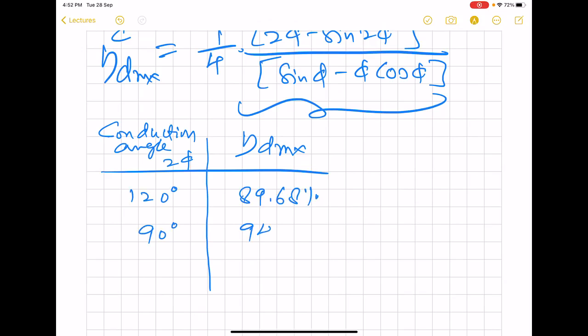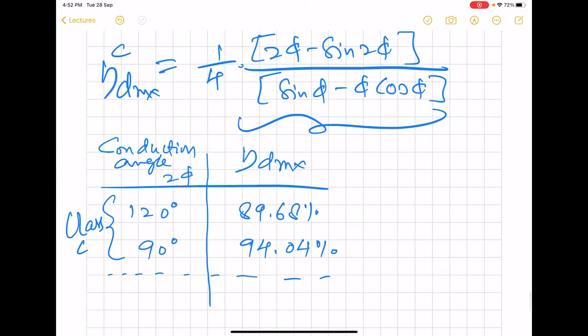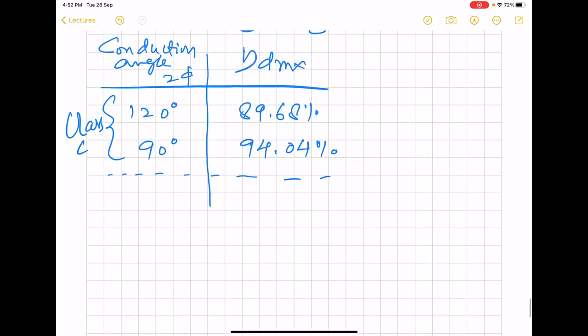In that case, this becomes 94.04%, very high. So these are the two for class C case. Now, as was pointed out, this is a general case, and by choosing phi suitable, we can convert it possibly to class B or class A also.